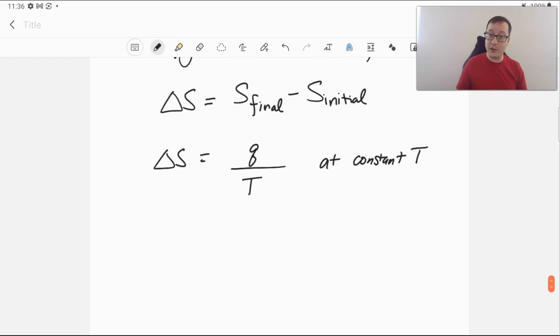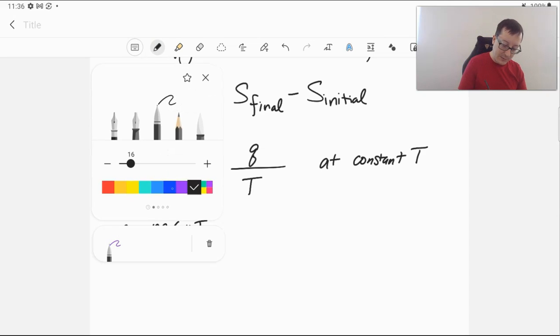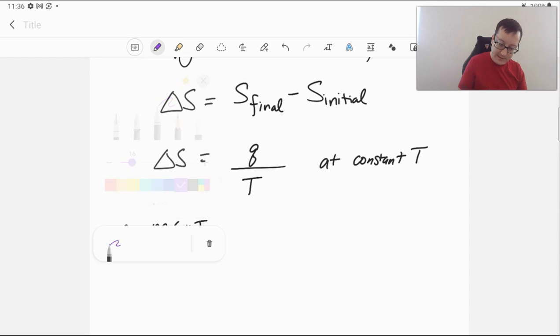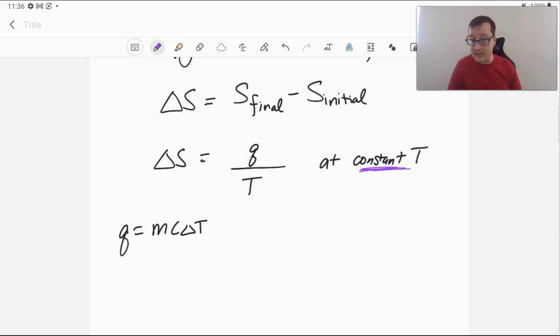We can evaluate Q, as we know, in a couple of ways. We saw MC delta T for a heating of a liquid or solid or gas. However, we can't use this here because we can only calculate delta S at constant temperature.